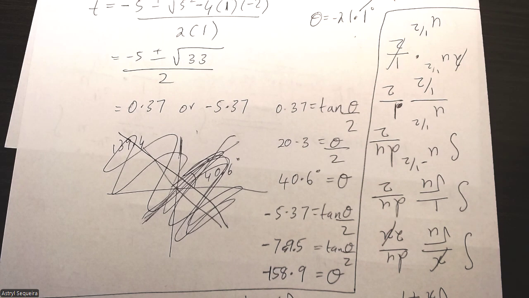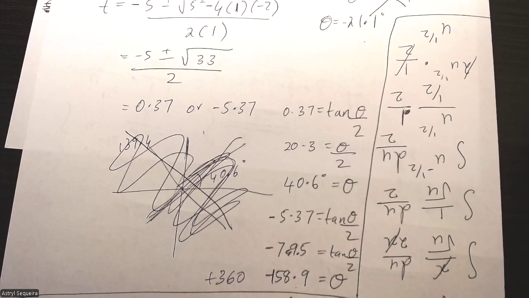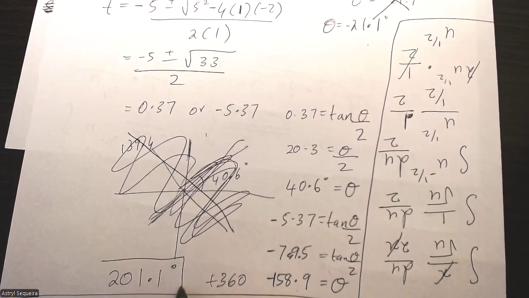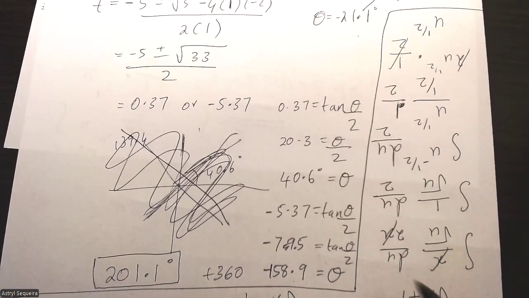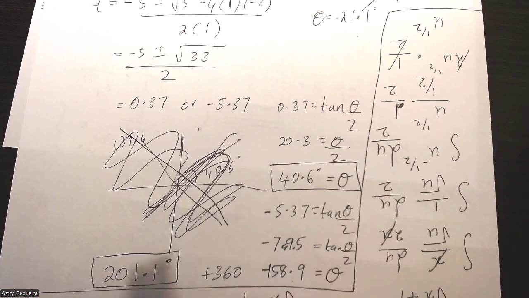All I have to do is add 360 degrees to this solution. And if I add 360, I'll get a solution of 201.1 degrees. So my two solutions for this question are 201.1 degrees and 40.6 degrees.